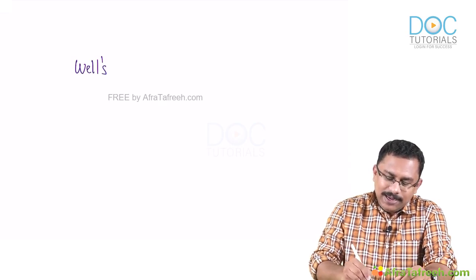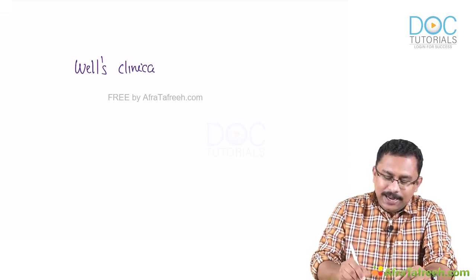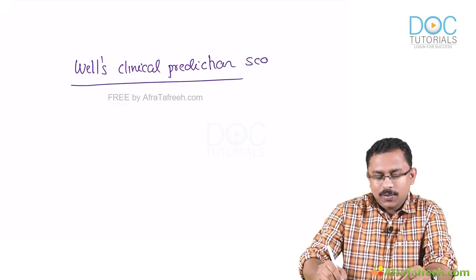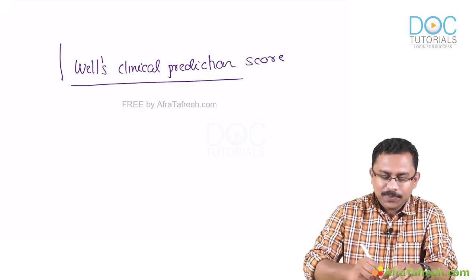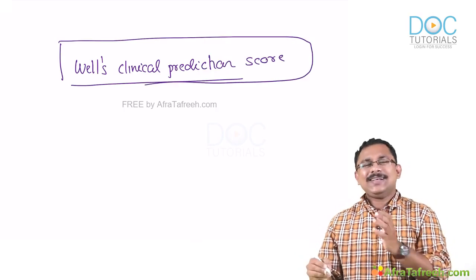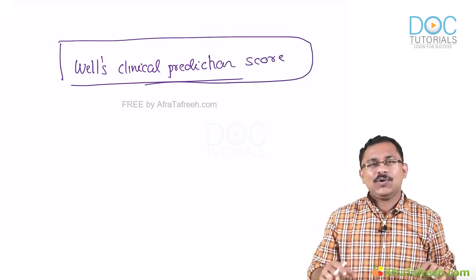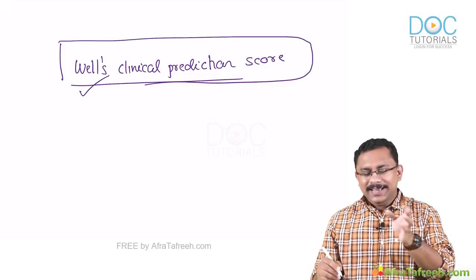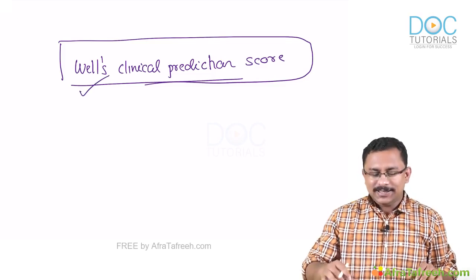Well, there is a Wells clinical prediction scoring for pulmonary embolism. This is very important. They may ask you as a factual question, but you have got to know the components of the Wells score. So remember, the Wells is a clinical prediction score.